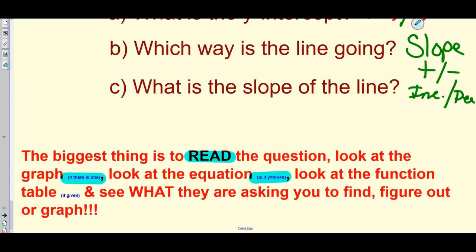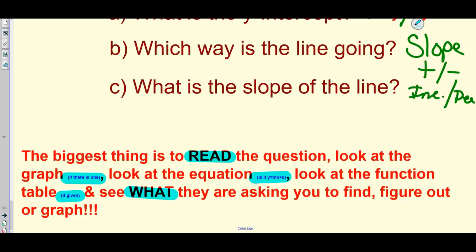Look at the function table, if it's given. What you're looking for is, where is your x equaling 0? Your y is your b. That's your y-intercept. But the other thing is, you want to make sure to see what they are actually asking me to do. Are they asking me to find an equation that fits the graph and the line?